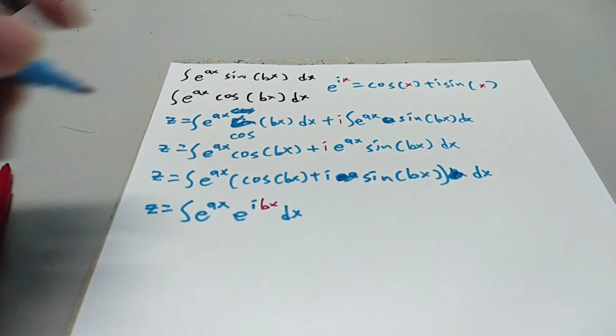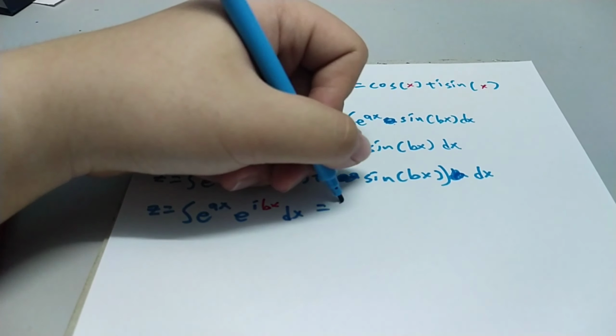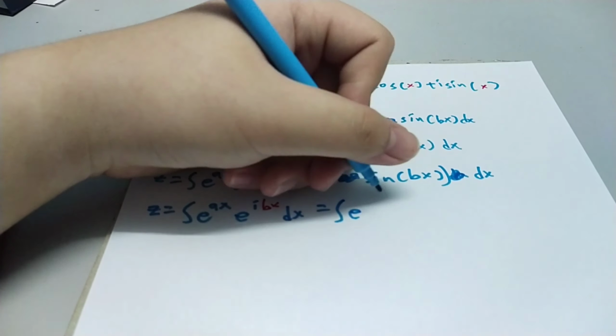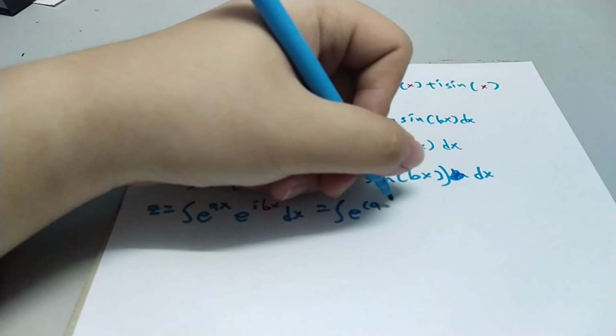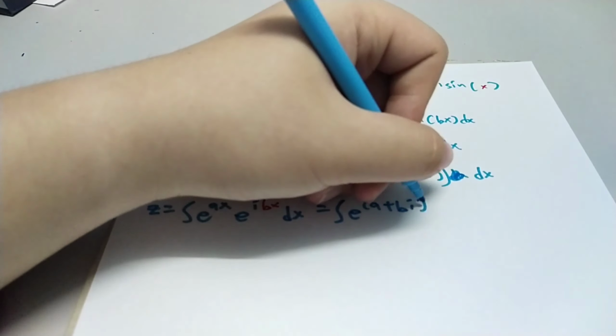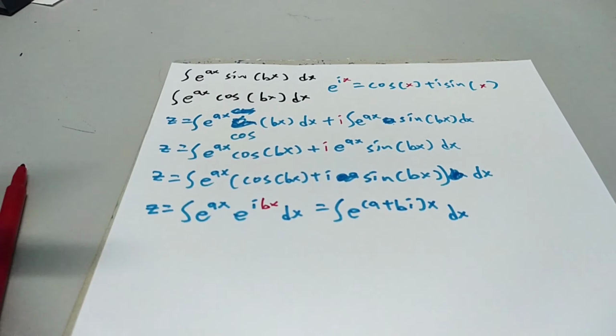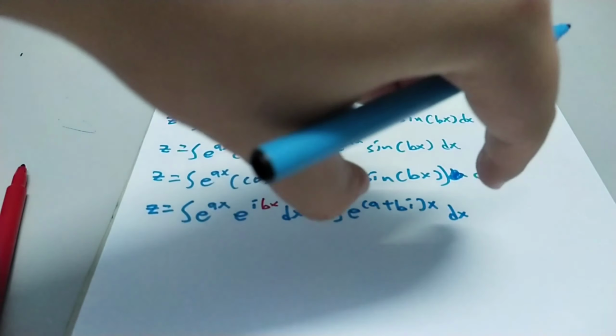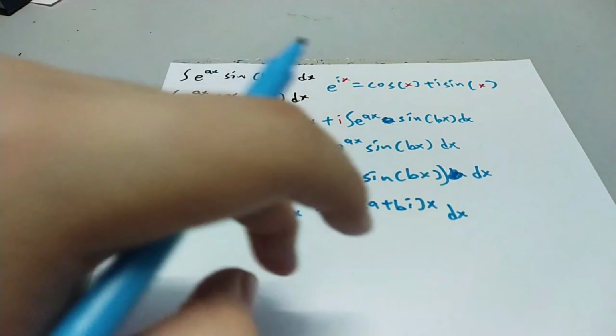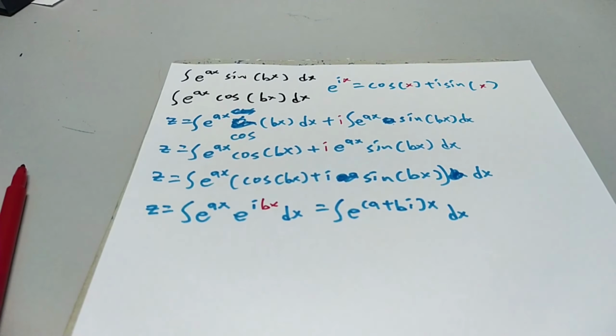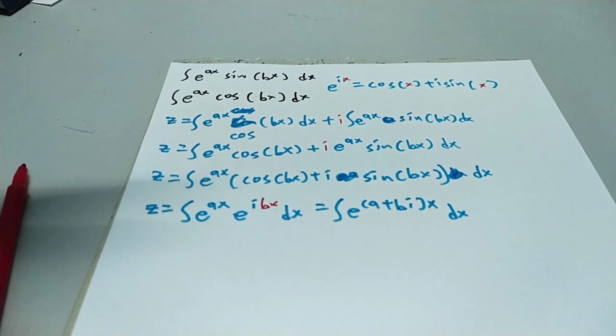So it is still equal to the integral of e power of a plus bi times x dx. And we can treat the imaginary number i as a constant.